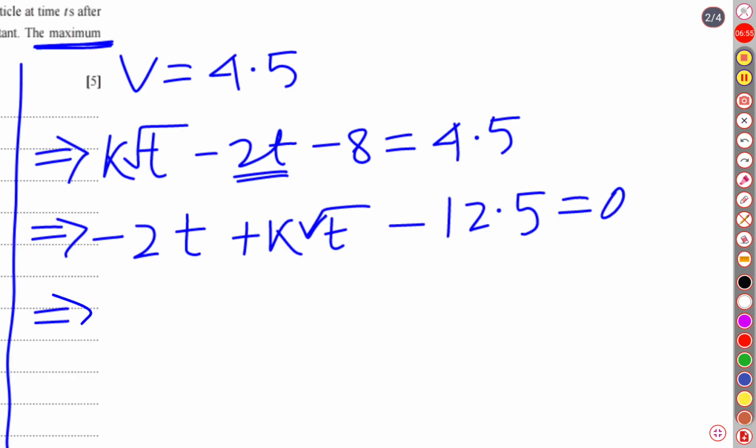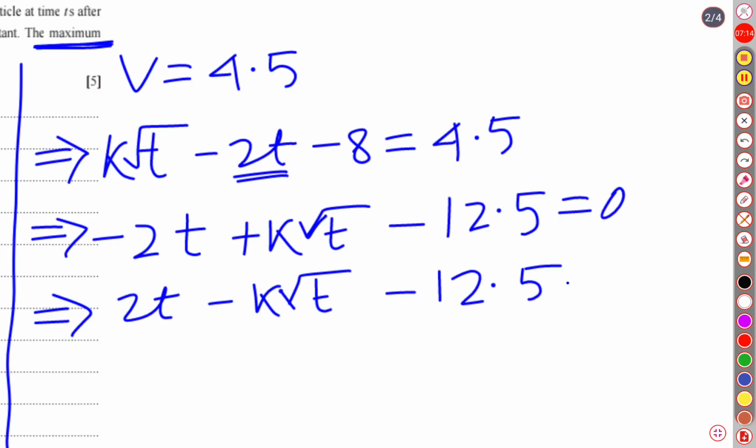We cannot divide by 2, but at least the symbols can be simplified. So it is going to be 2t minus k square root over t minus 12.5 is equal to 0.